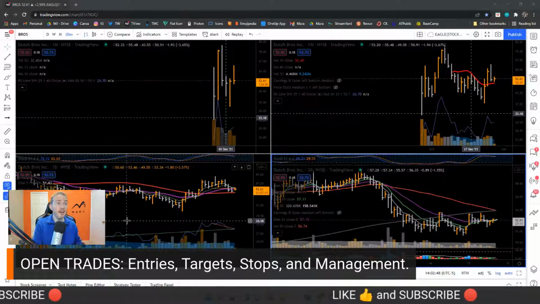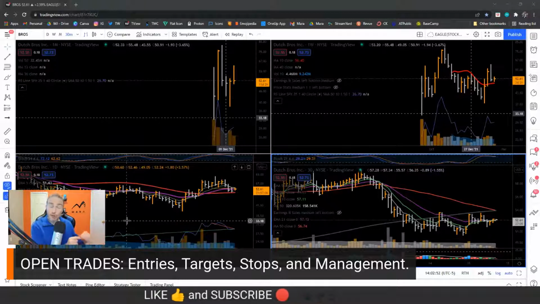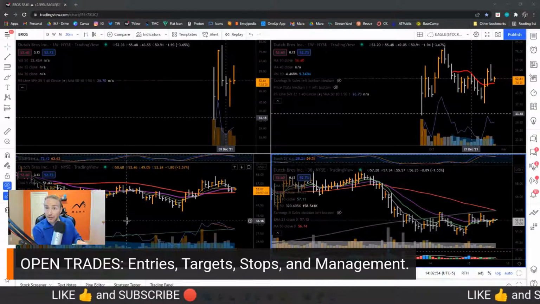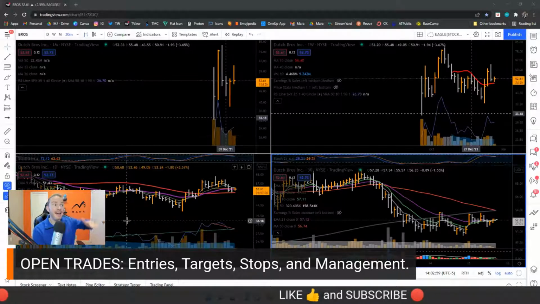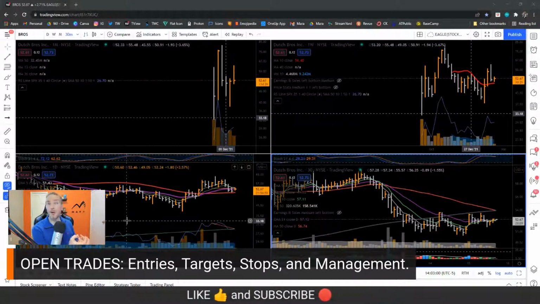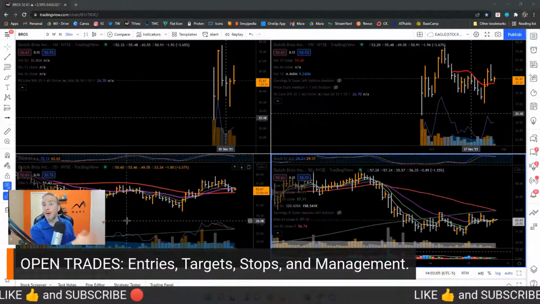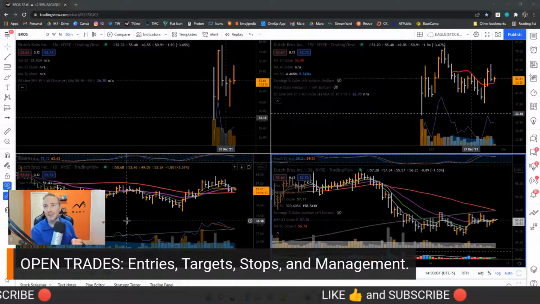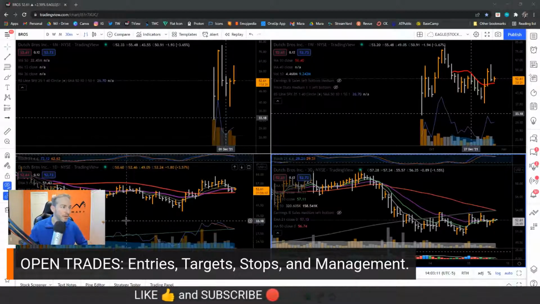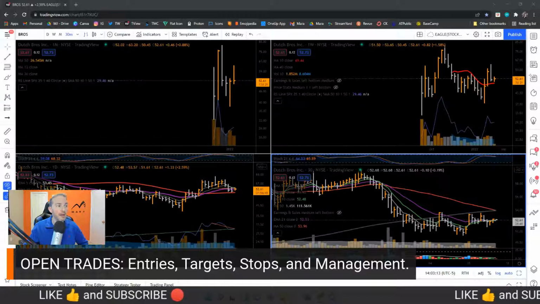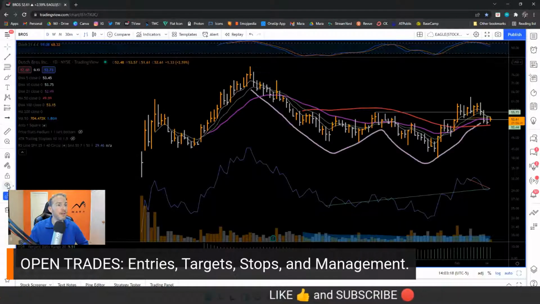The reason why is because I want to see a longer term setup that I could go in and surgically get into with a low risk entry point, be able to play that, and then see how it's going a little bit even more granular on the 30-minute time frame. So I like to use that multi-time frame analysis.